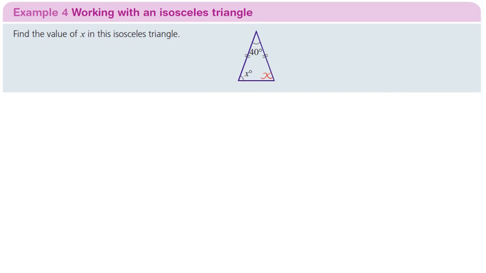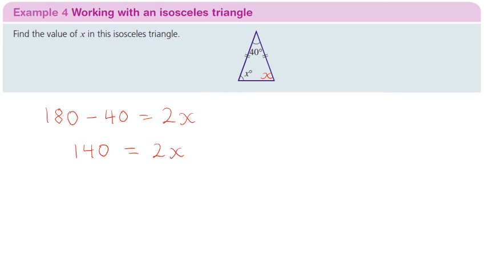So to work it out, I always start off with 180. And then I subtract what I know, which is 40. And this equals X plus X. So this equals the two X's. So 180 minus 40 equals 140 equals those two X's.